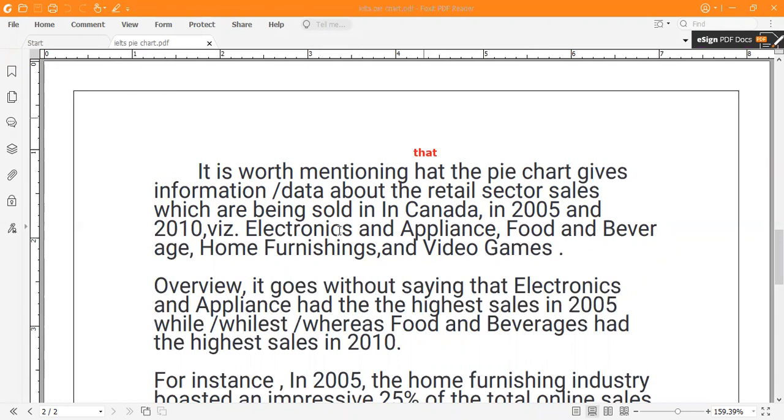Okay, and the تباع في Canada in 2005 and in 2010. This electronics and appliance, احنا قلنا دائما نذكر الأشياء اللي تحت. Food and beverage, home furnishings, and video games. الآن انتهت صياغة السؤال بطريقة ثانية.